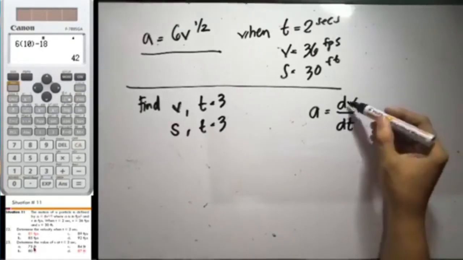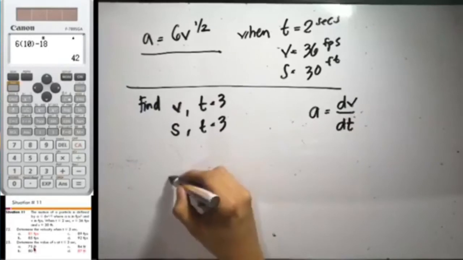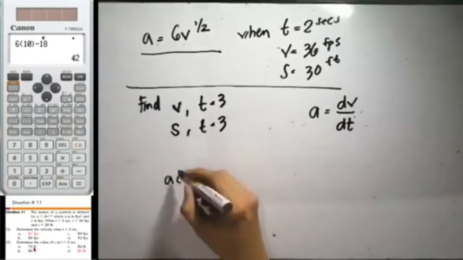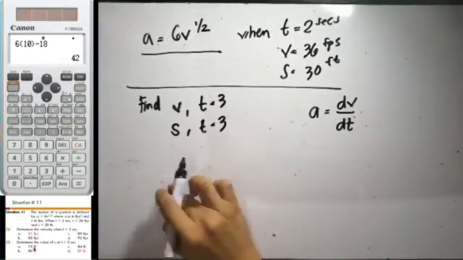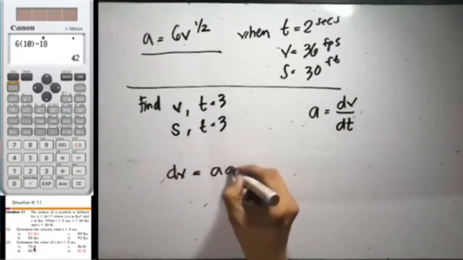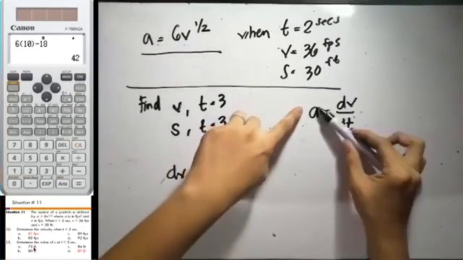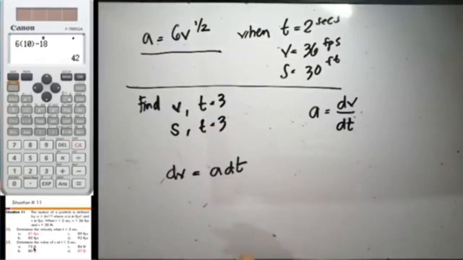Edi, bukod natin yung dv. So, i-cross multiply natin to. Pwede natin sabihin na a dt. O, edi ba, ikaliwa natin si dv. dv equals a dt. Tama? Cross multiply ko lang ha. Ilipat ko lang to dun. dv equals a dt.